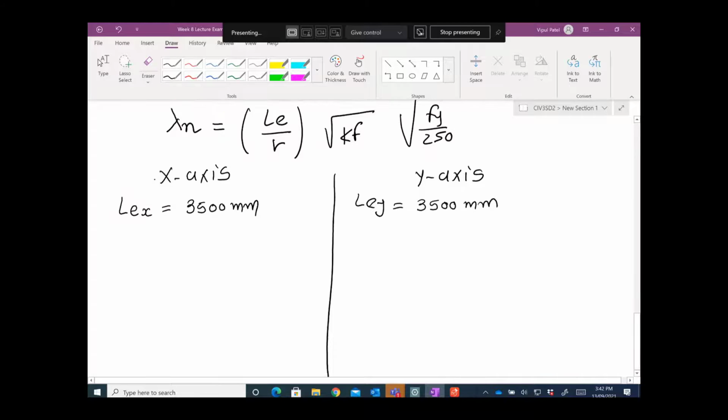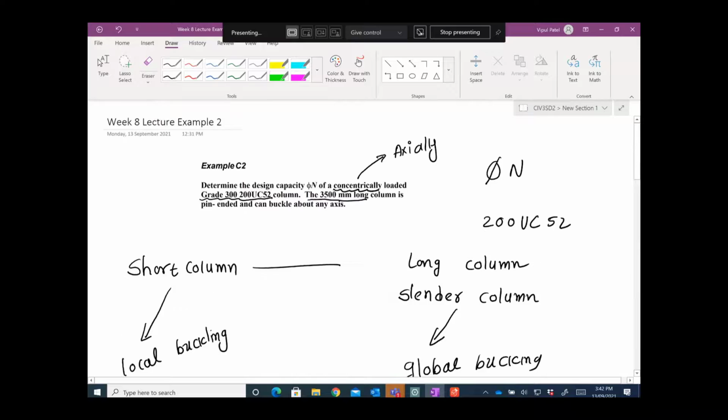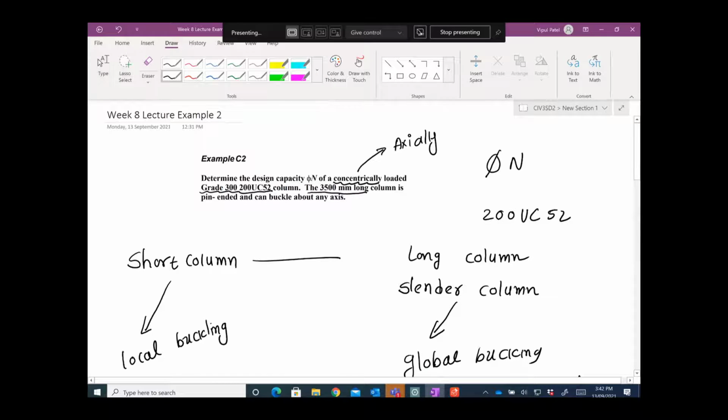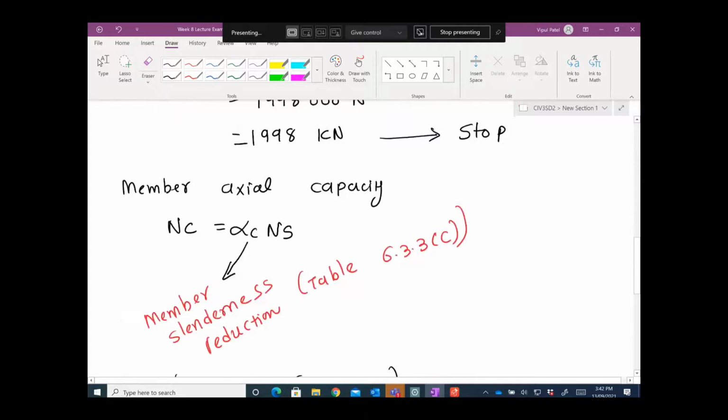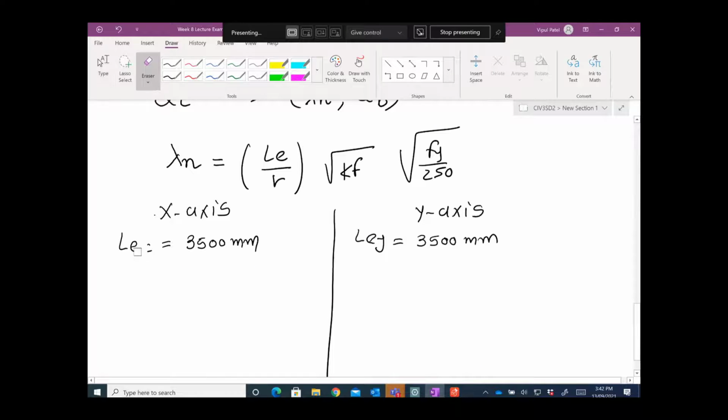The actual length, not the effective length, is given to us as 3500. That is your actual length, Lx and Ly, given in our example.